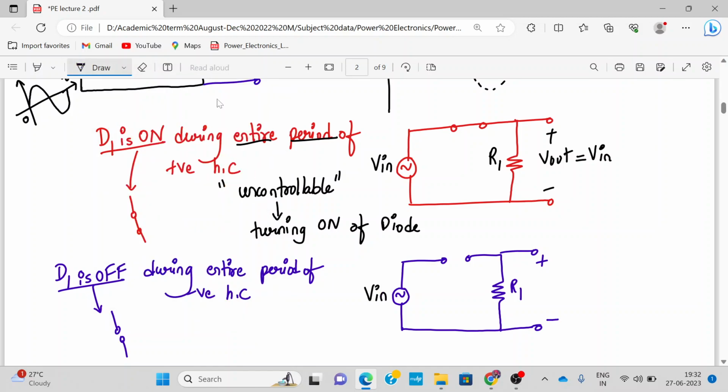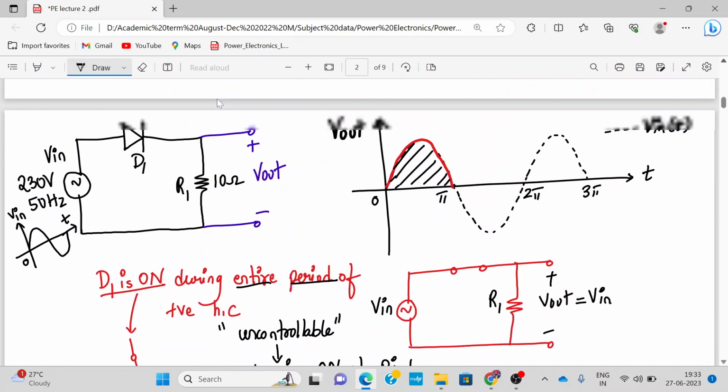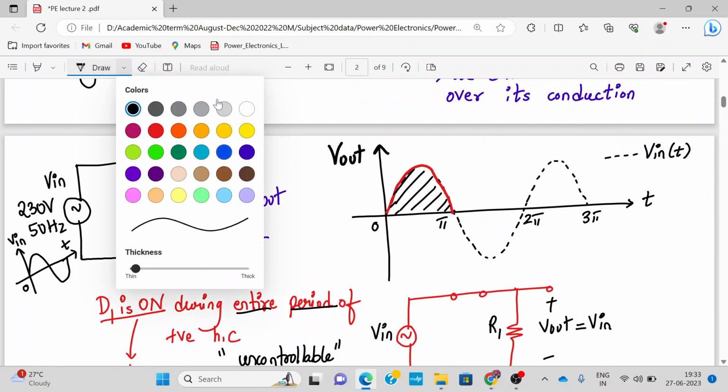Since it is an open circuit, no current flows through it, so this I is 0. Whenever there is no current flowing through the resistor, the voltage drop across it will be 0. So the output voltage will be 0 in this case. Here I will draw the waveform for the negative half cycle.